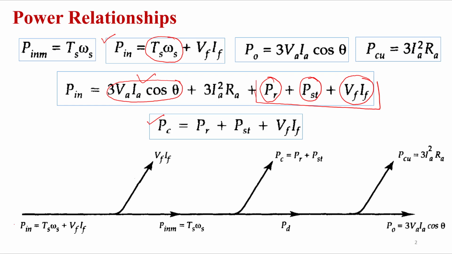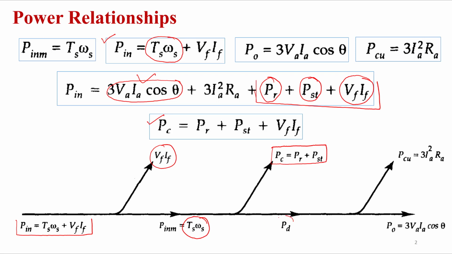We give input Ts omega s plus VFIF, and of course VFIF is lost in the field winding as copper loss. Then the remaining shaft power is transmitted to the generator, and then we have constant losses like PR and PST, rotational and stray load loss.